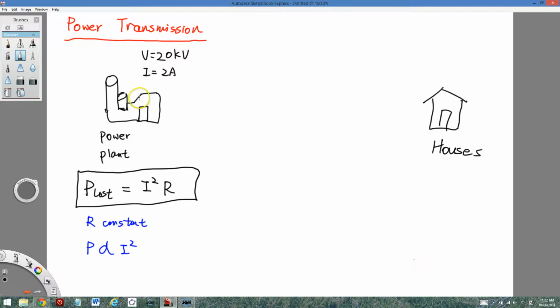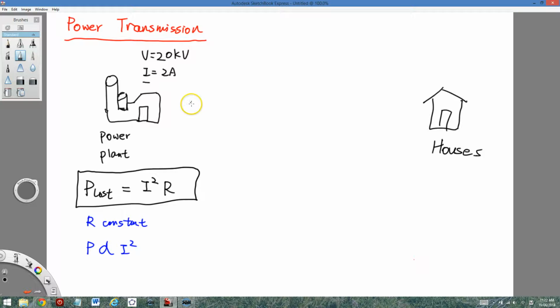Here is the important part. When the electricity comes out of the power plant, we use transformers to step the voltage up. Let me do an example.